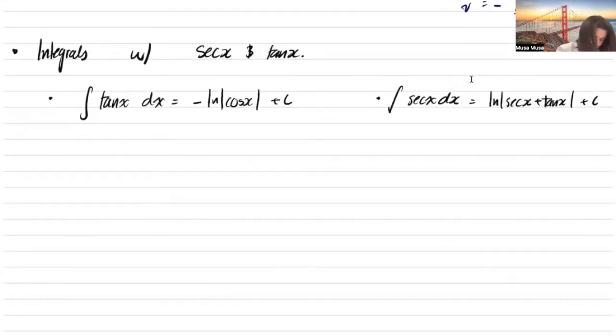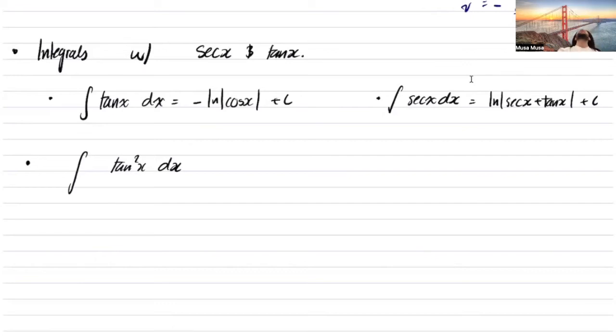So what if we had an integral that was, let's say, the integral of tan squared x? How do you think we would do this? Okay, I want you to at least have a go on your own, and then once you've maybe had an attempt, come back to me. Well, you have to know your Pythagorean identity.